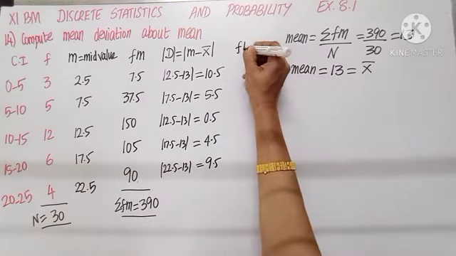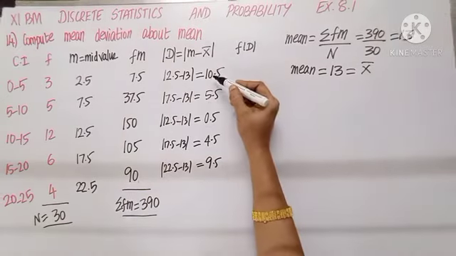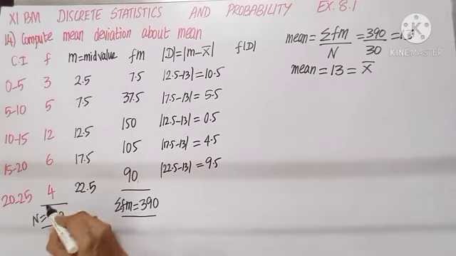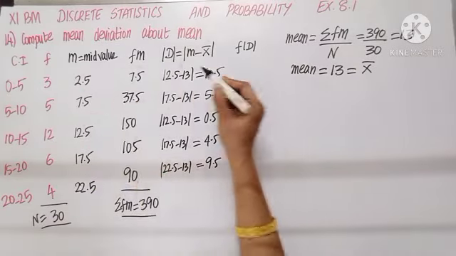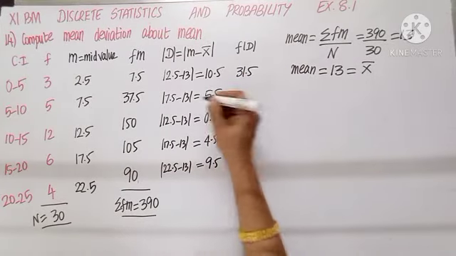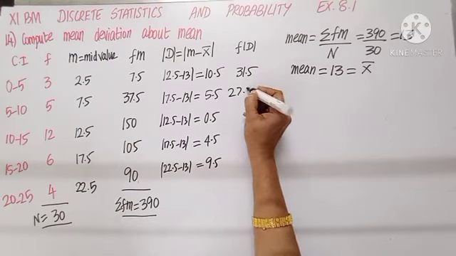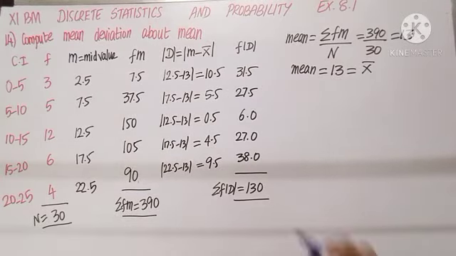Calculate f into mod d. F value here we have in this column. This is modulus of d. 3 into 10.5. 5 into 5.5. Like this, let us multiply. We arrive at the total 130.